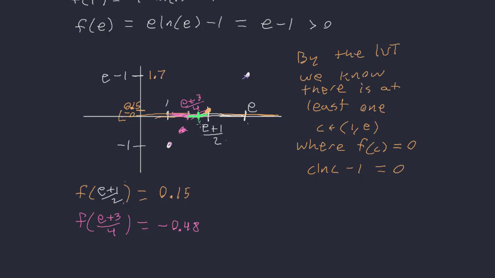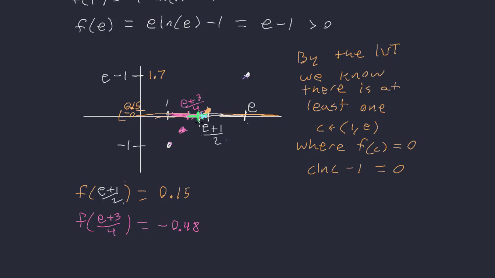You continue doing this over and over again, and eventually you would zero in on the solution, going to each interval that you knew the solution has to be in, and eventually be able to approximate the solution of this thing that you can't solve by hand.